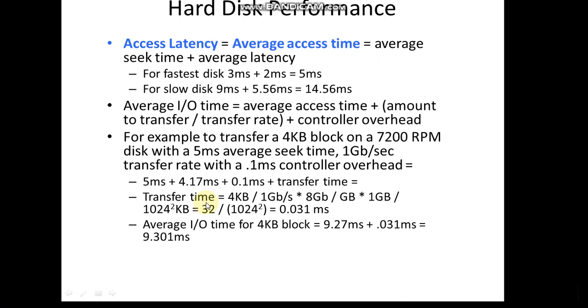So these all have been added. The transfer rate is given in terms of gigabytes per second, so this has to be converted. We are calculating how much time is required to transfer a 4 kilobyte block. When you convert this into kilobytes, you get 0.031 milliseconds.